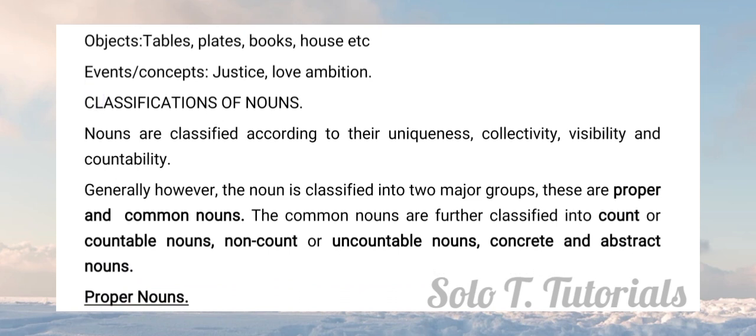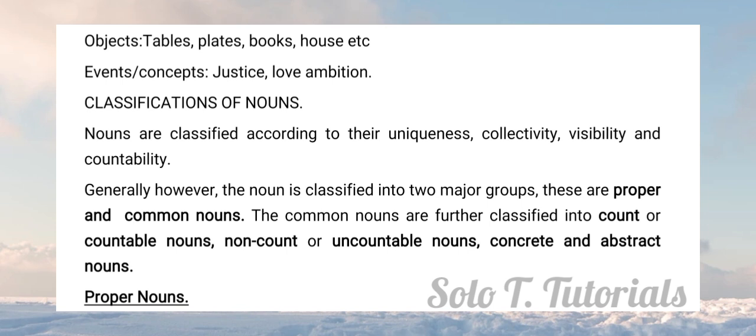Under classification of nouns, nouns are classified into their uniqueness, collectiveness, visibility, and countability. Uniqueness means whether the noun is used to represent a particular entity or a general one.